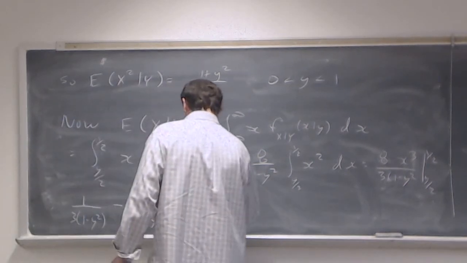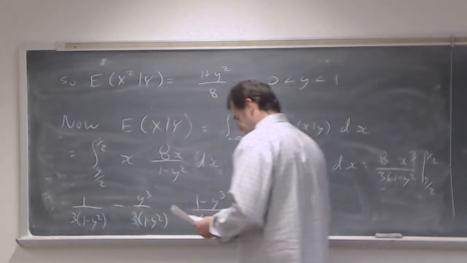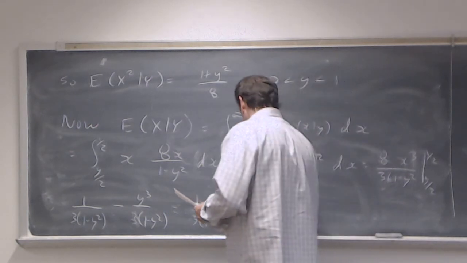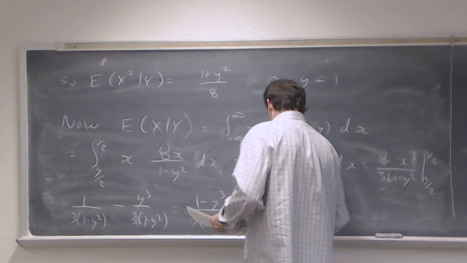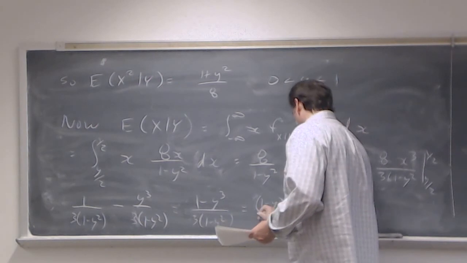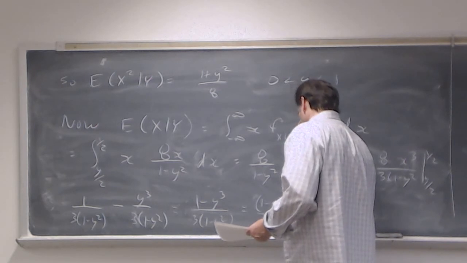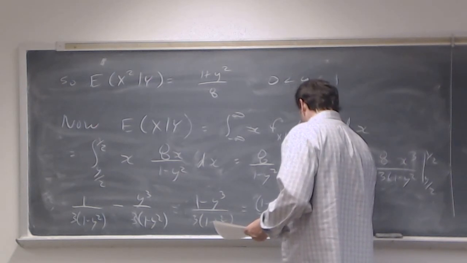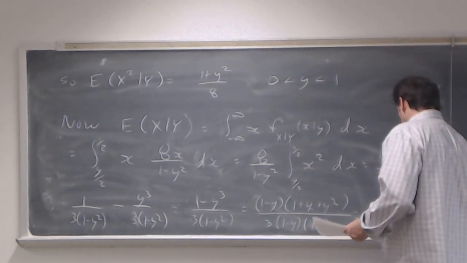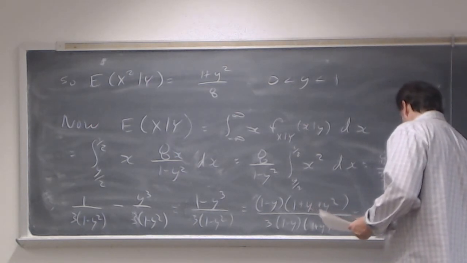And so that's 1 minus y squared over 8 times 1 minus y squared, which can be simplified too. This is 1 minus y times 1 plus y over 8 times 1 minus y times 1 plus y. Okay, so we end up having 1 plus y over 4.